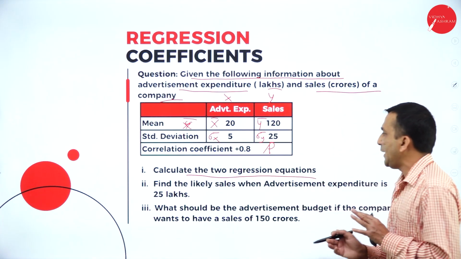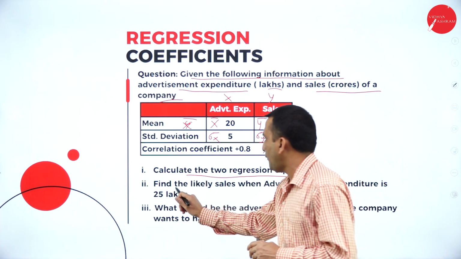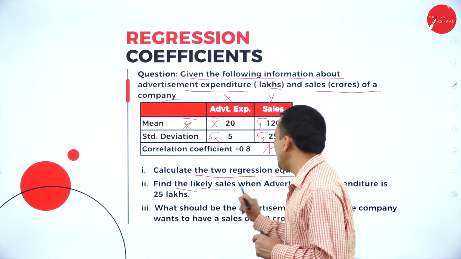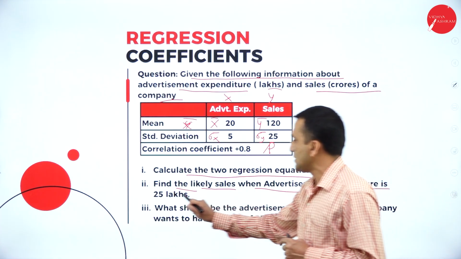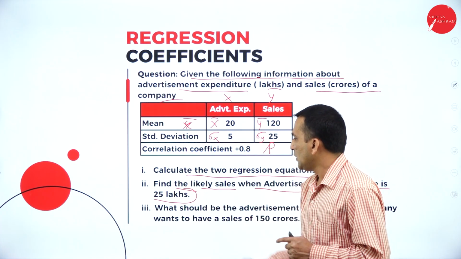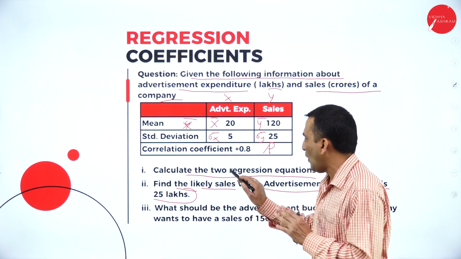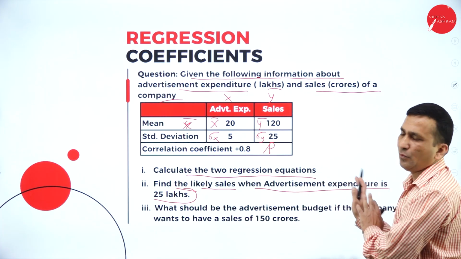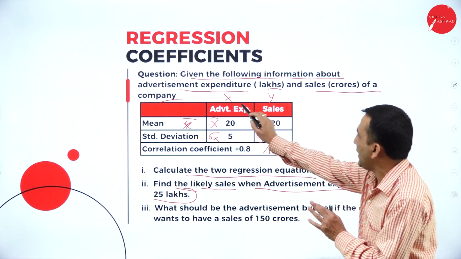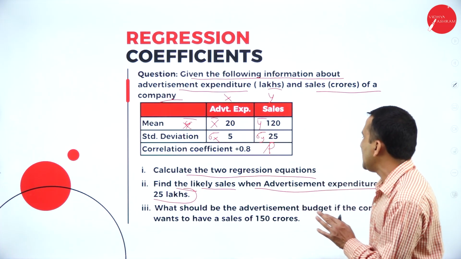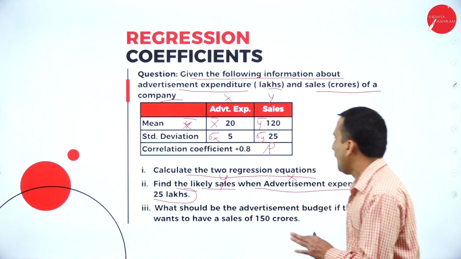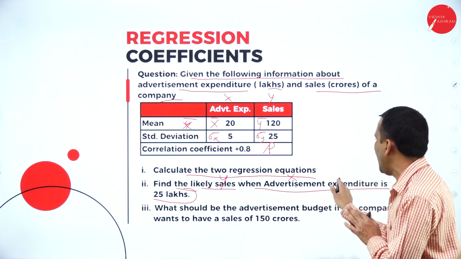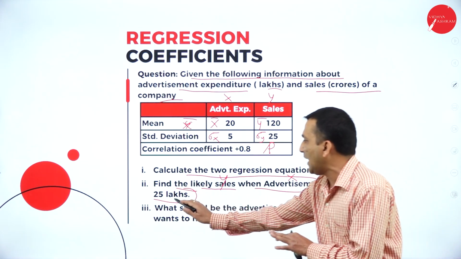We are trying to generate the two equations and find the likely sales when the advertisement expenditure is 25 lakhs. Now sales y is dependent on x, because advertisement is considered x and sales is considered y, and the advertisement value is given.